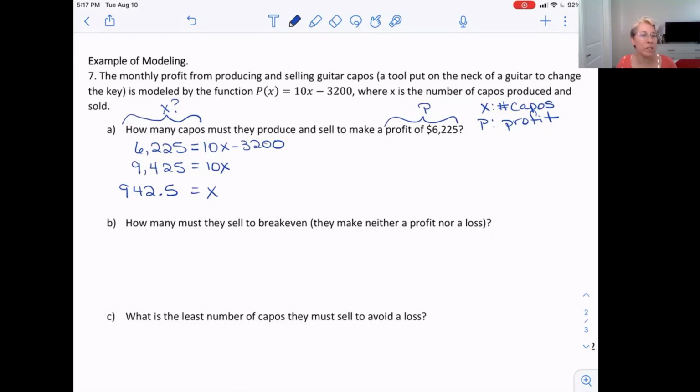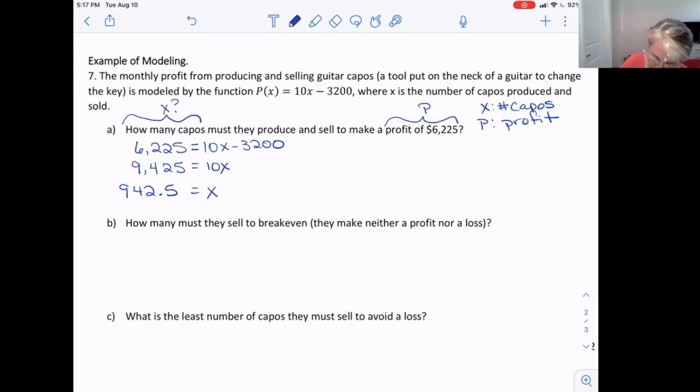But even if it was 942.03, you would still round up, because you would have to sell that many to make a profit. You want to be sure that you're making that profit.